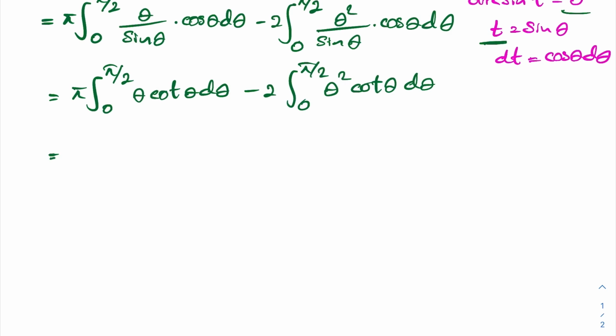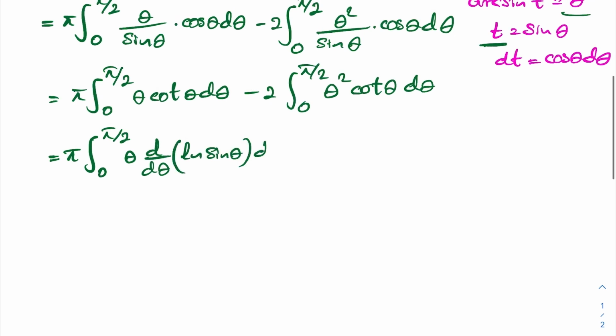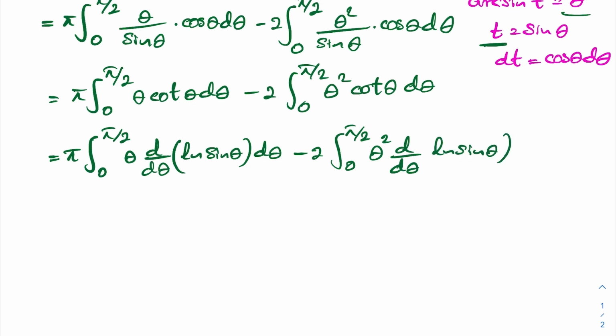So here pi times integral from 0 to pi over 2. As a first function I am going to take theta, then the integration of cotangent of theta is natural log of sine of theta, d theta, minus 2 times integral from 0 to pi over 2, as a first function theta square, and the integration of cotangent is natural log of sine of theta, d theta.